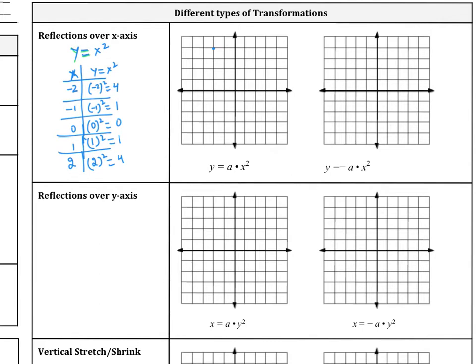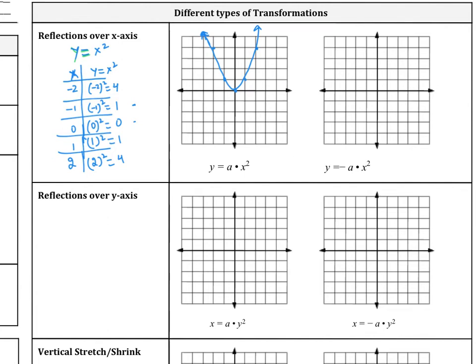The next point is (-1, 1), then (0, 0), then (1, 1), and then (2, 4). When you connect these points, you get a U-shaped graph, which is your graph for the square function.